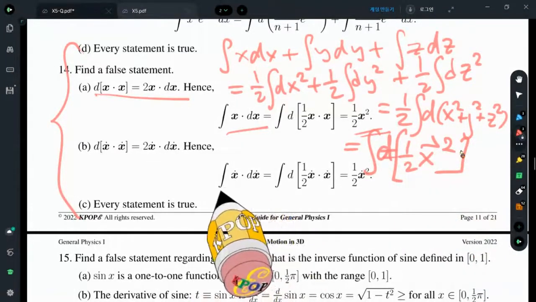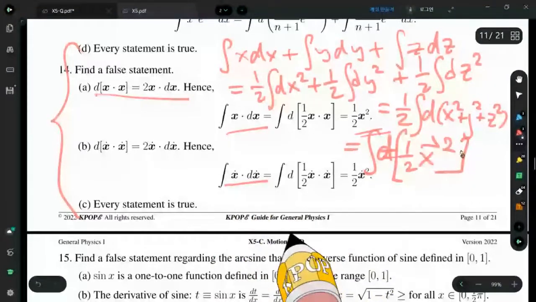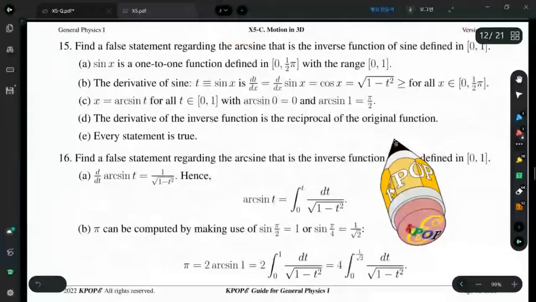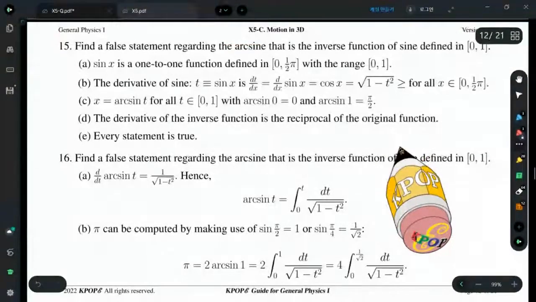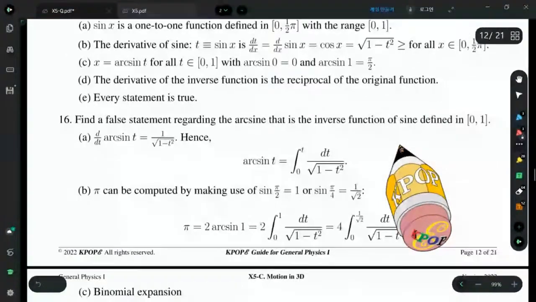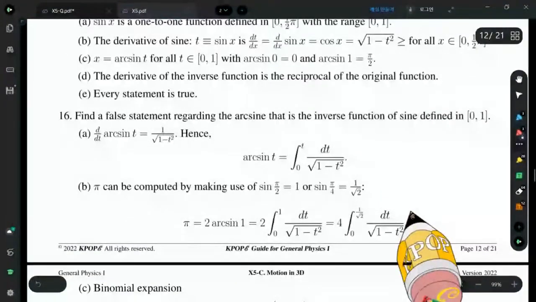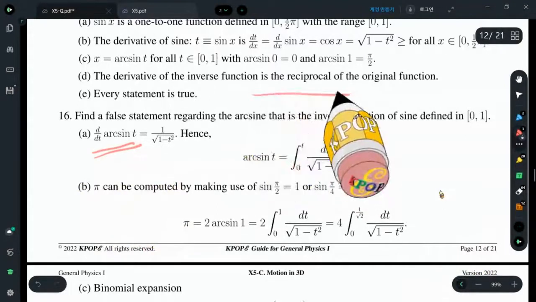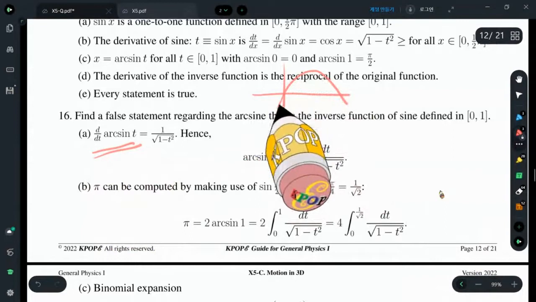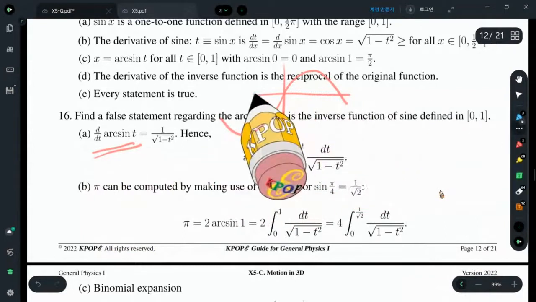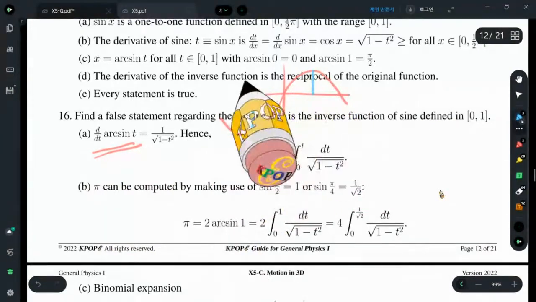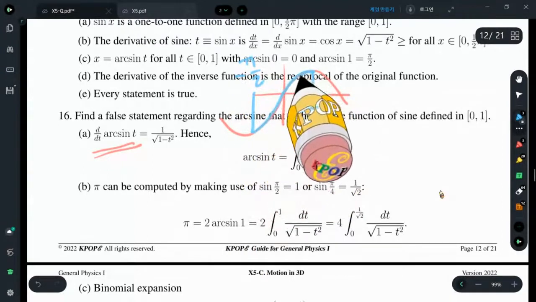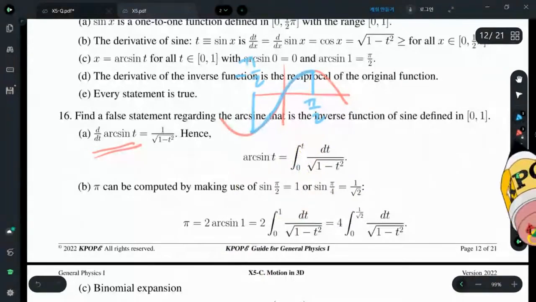In a similar manner, you remember arc sine, that is the inverse function of sine. From minus 1/2 of pi to half of pi, if we cut this one, we can find the inverse function.